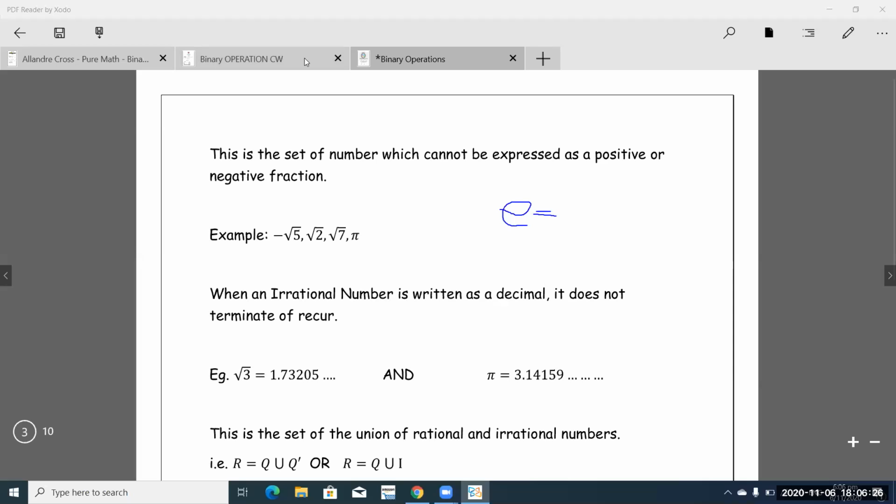I'm going to turn on my camera for a second so I can show you the e. If you look at my camera right here, this is the ln on the calculator.